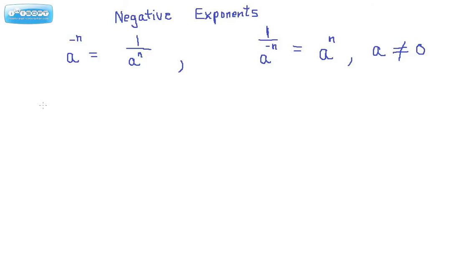If I had 2 to the negative 3, in order to make this exponent positive, I want to flip it or write the reciprocal. So think of this as 2 to the negative 3 over 1. And to write the reciprocal of this, I write 1 over 2, and then my exponent becomes positive 3.